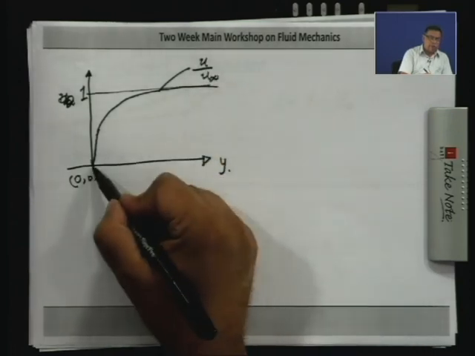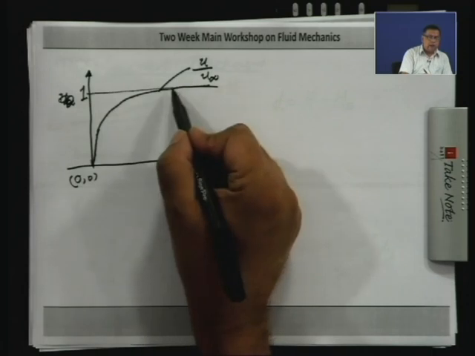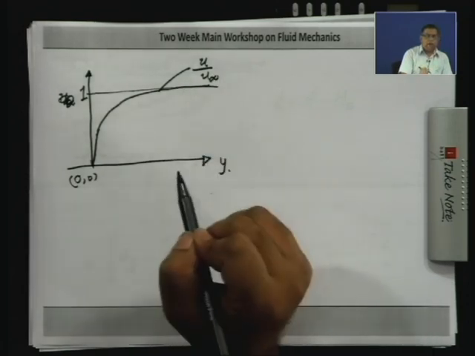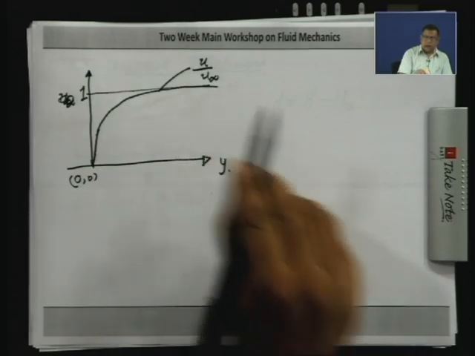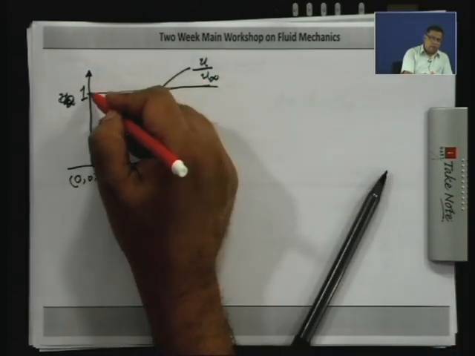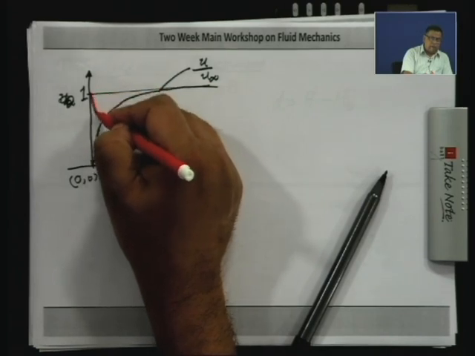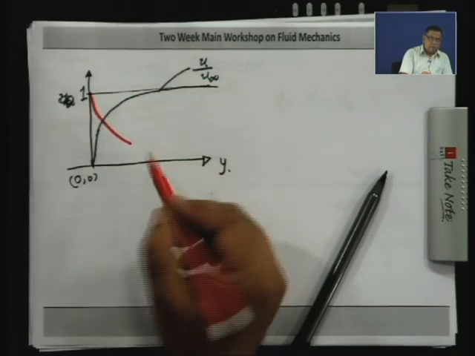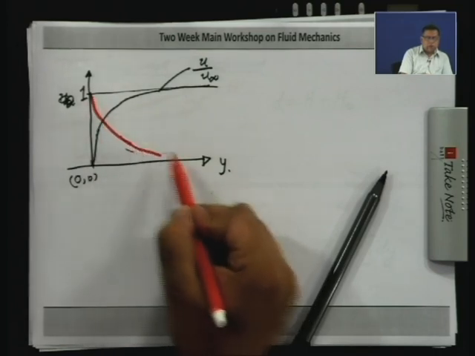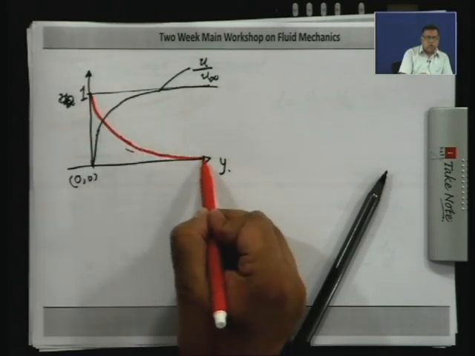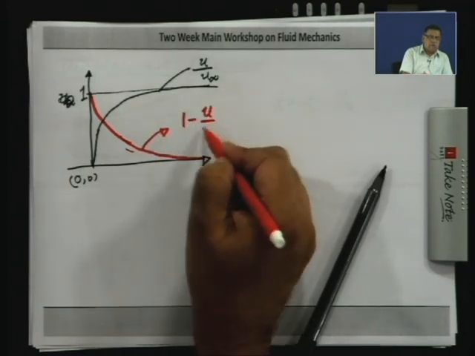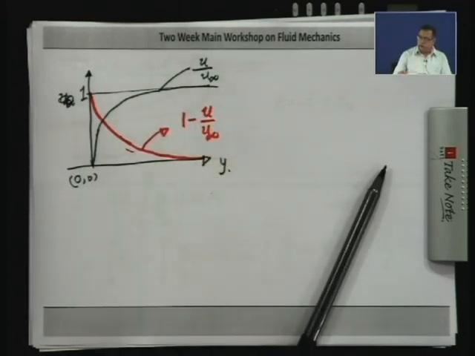It starts with 0 at the plate and goes to 1 at infinity, because u is u infinity as y goes to infinity. Now, if I want to plot 1 minus u by u infinity, you are going to have a curve which starts with 1 and goes down to 0. So, this is a curve 1 minus u by u infinity.